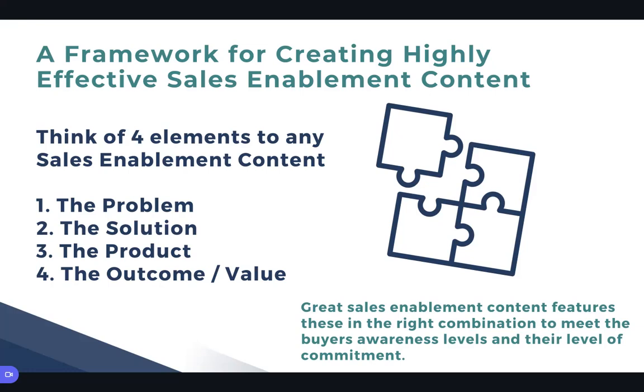There are 4 elements to any sales enablement content. But the thing I'd stress here is you don't need to have all 4 elements in every piece of content that you produce. In fact, you probably shouldn't, depending on their level of awareness or where they're at in the sales cycle. And I'll show you in a bit how you can combine some of these things so that you can make some of this stuff a bit more effective.